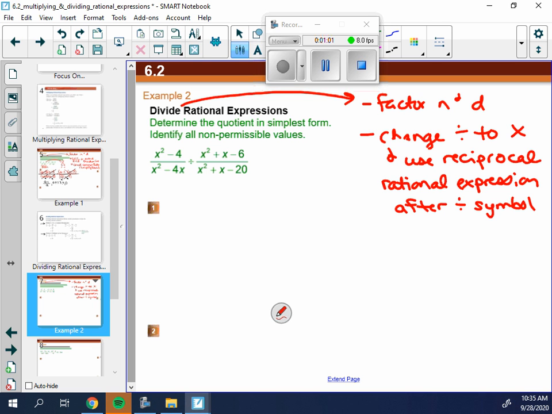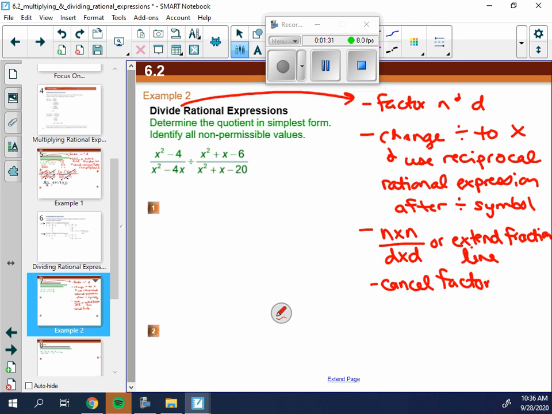Or you could just multiply by the reciprocal. Now that it's multiplication, you can extend out your fraction line: numerator times numerator, denominator times denominator, or extend the fraction line. Cancel factors. And then always give your non-permissible values.